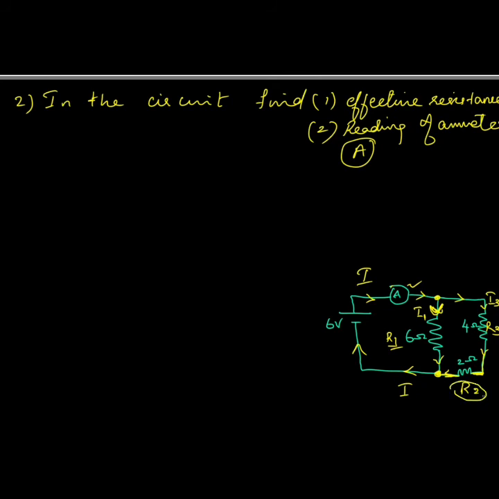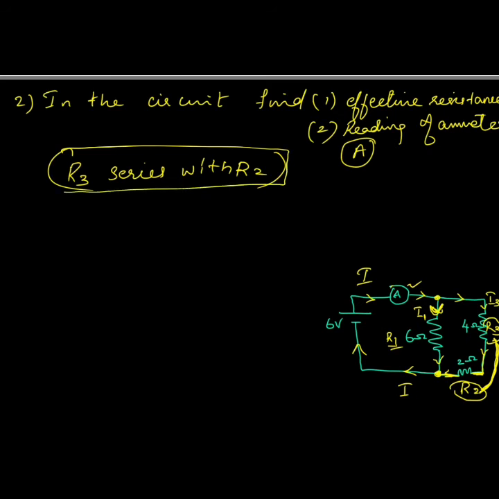The reason is R2 and R3 here, you can see that they are in series, they are in line. So the first information that we get is R3 is in series with what? R2. So they are in series. Both of them will combine, and we can name the total resistance of that particular combination RS.